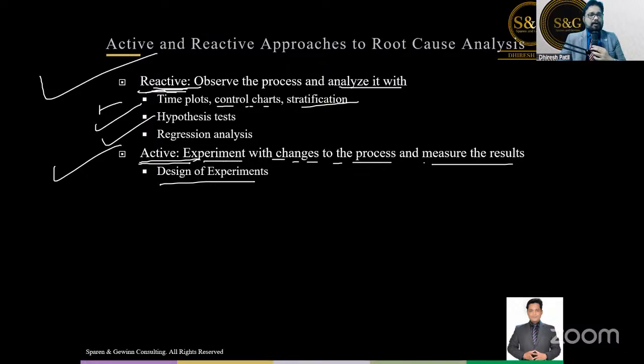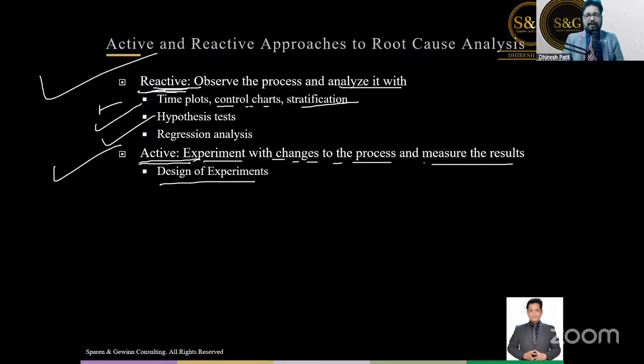The reactive way is: the process is done, we collect the data, and whatever analysis we do on it, box plot, histogram, time series, control chart, hypothesis, regression, is a reactive way of analyzing data. But there is a more powerful way, called the active or proactive way: design of experiments. Let's say we are making a cup of tea. We make changes in the sugar quantity, milk quantity, and tea powder quantity, keeping the rest of the process parameters constant.